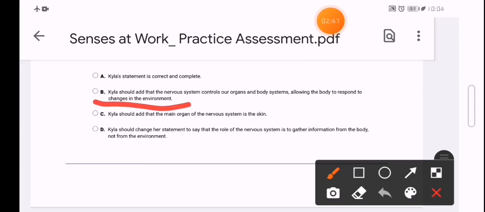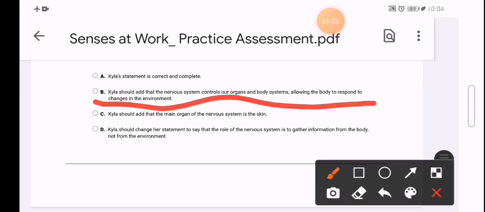It will be number 2, B, because for C, skin for sure isn't one of the organs of our nervous system. Skin is a sensory organ related to the nervous system, but not one of the organs of our nervous system.